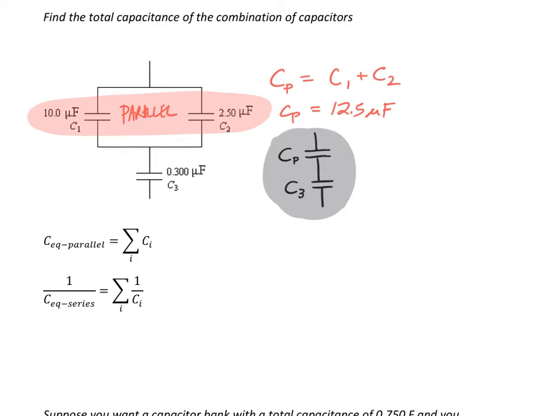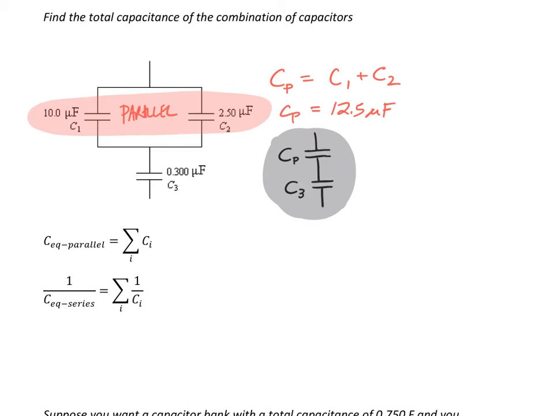But anyway, we could pretend that the parallel network, if you will, this chunk, is behaving like a single capacitor, because that parallel branch, the whole thing, is in series with this third capacitor. So whether it's 2 or 10 capacitors in parallel, if their total capacitance is 12.5, they all would behave the same with respect to what comes after.